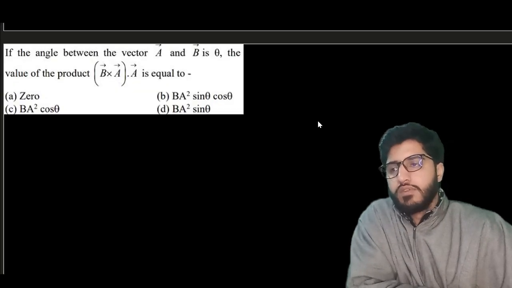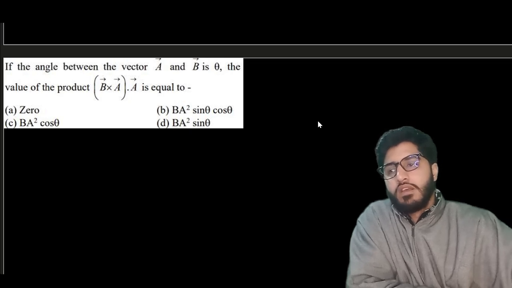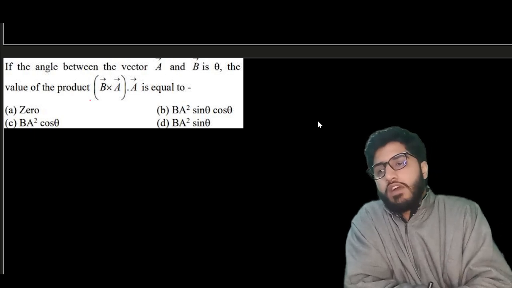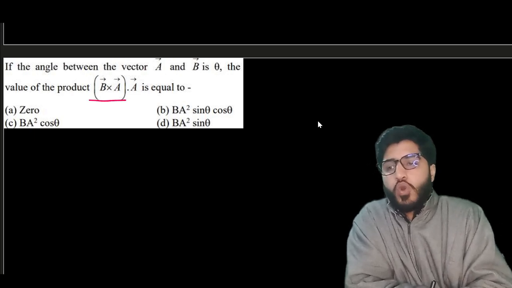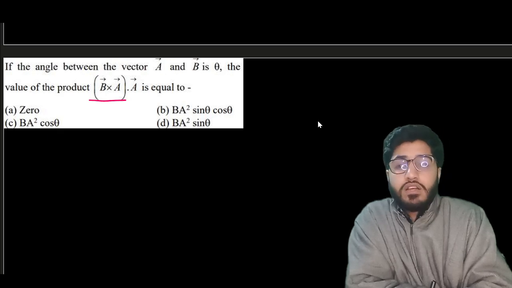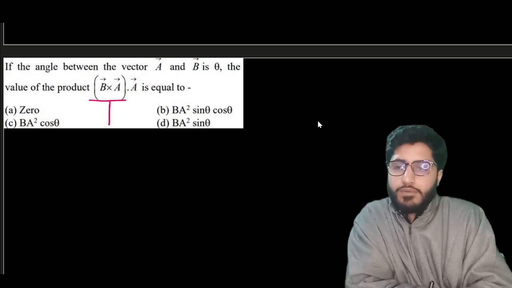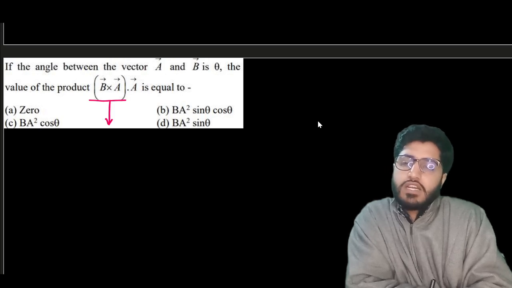Next numerical. If the angle between the vectors A and B is theta, the value of the product B cross A dot A. Look now. When we do the vector product between two vectors, we get a third vector, and the third vector will be perpendicular to both A and B. Suppose this vector is C, right?